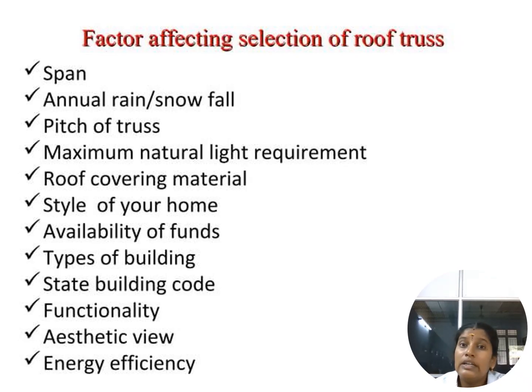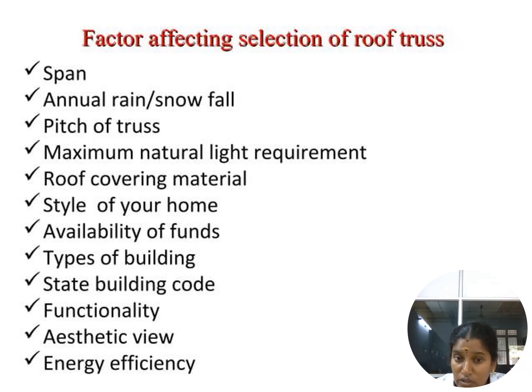These are all the needs of roof truss members, and these are the factors affecting the selection of roof trusses. What are the factors? The span of the truss member, the pitch of the truss member, maximum natural light requirements, how much natural light is available. We have to keep this in mind.